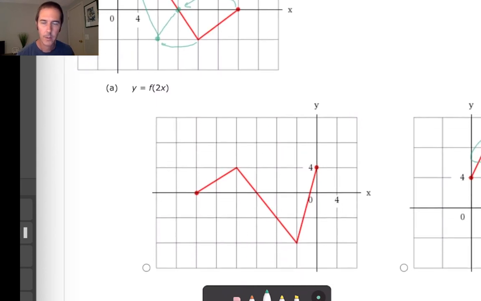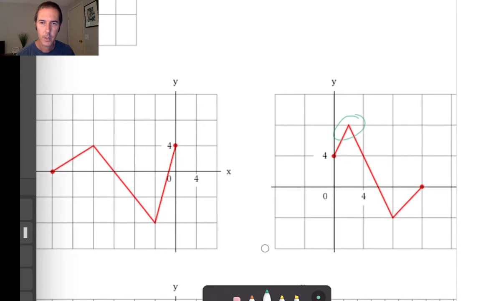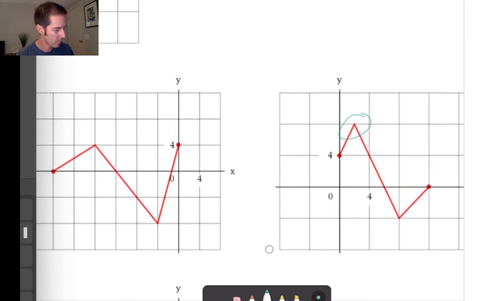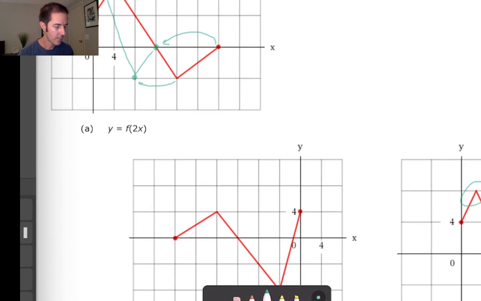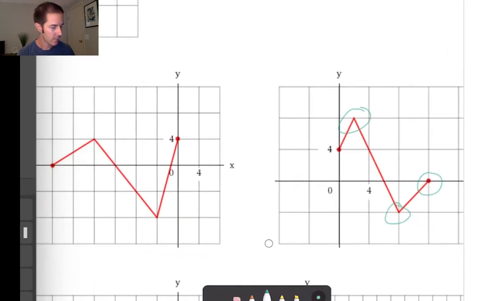So let's go back to option number 2 here. 8, -4. Yeah, this one's looking good. And then lastly, we're at 12, 0. And yeah, that was the last point that we graphed on our graph. So it's looking like this graph is the correct answer.